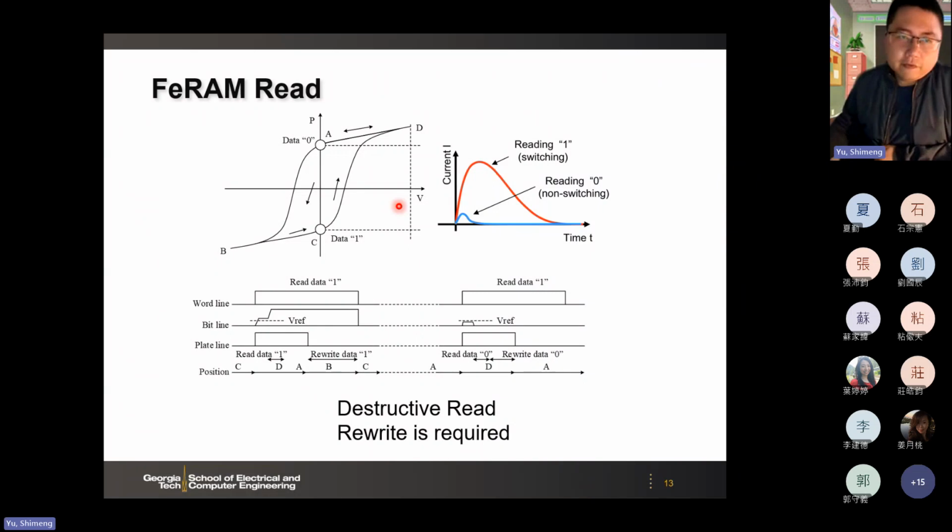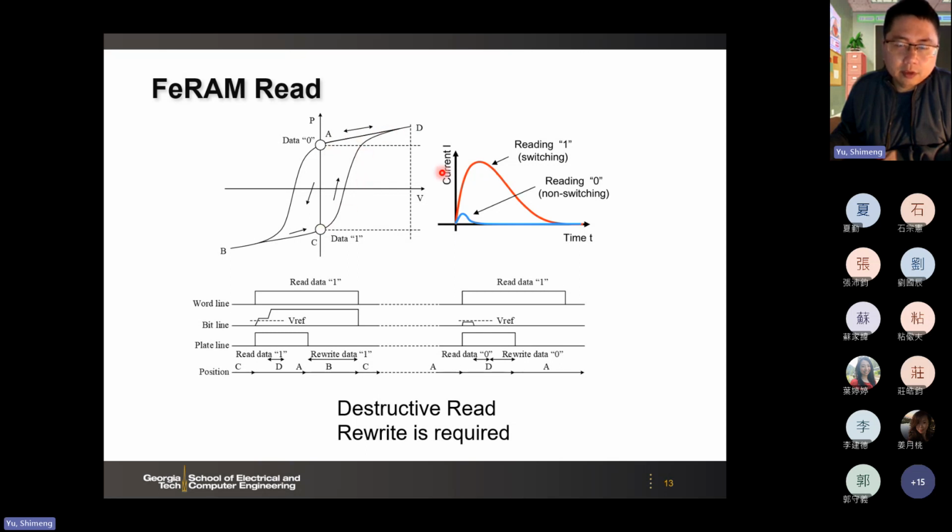Here for the FeRAM read operation, this is the timing waveform of how you do the read. I'll skip the details, but the key idea is that depending on the data you store, data 1 or data 0, when you read, you have to write it back. The reason is that you have to apply a large voltage, larger than the coercive field. For example, if the data stored is 1, when you apply a large voltage, you polarize up and then it comes back.